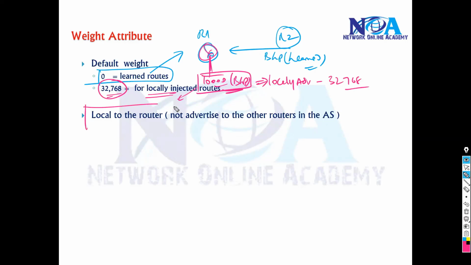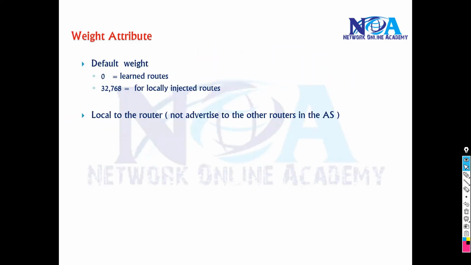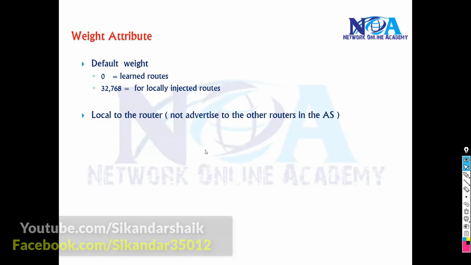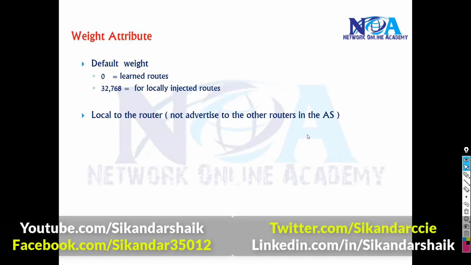One more thing: this weight information will not be advertised to any neighbor. This point will become clearer when we get into local preference. Local preference and weight have slight differences, and this point differentiates them. By default, the weight attribute is not sent along with the routing update. It is just local to the router, and that information is not passed on to the neighbor routers.